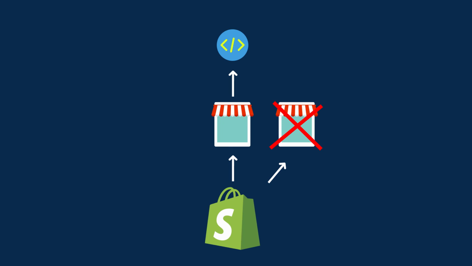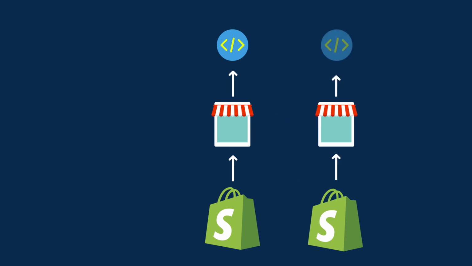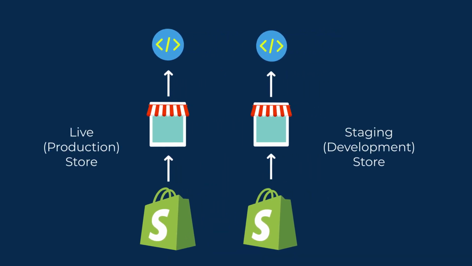And this is, of course, the most important content type of all, products. So to ensure complete separation between your changes that you are staging to go live and the actual live version of your site, you can create a second store. You can then work on the new version of that website on the second store before you're ready to make those changes live. If you're interested in learning more about staging, let me know in the comments.